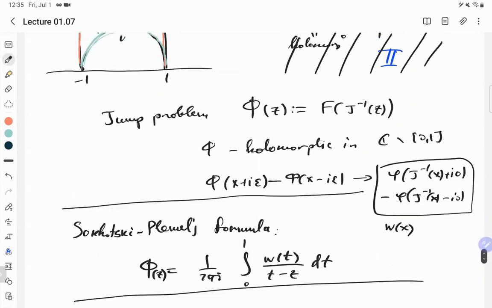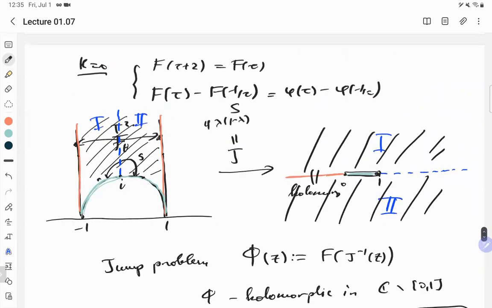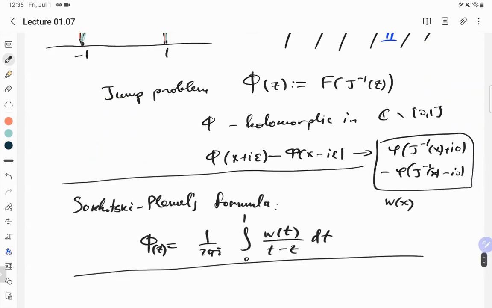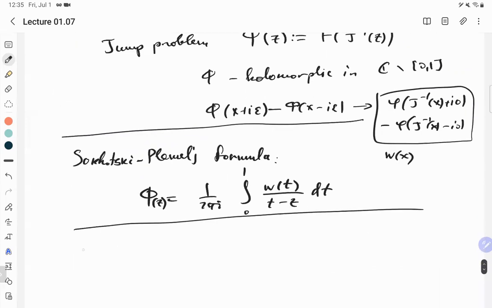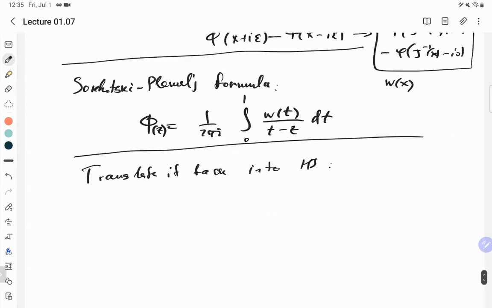So this solution extends holomorphically from just this fundamental domain everywhere else by reflections. So that's the good way of solving the problem. And what's nice is that if you translate it back into the coordinates on the upper half plane, back into H, we get an integral kernel representation for the functions we're looking for. So you get f of x.